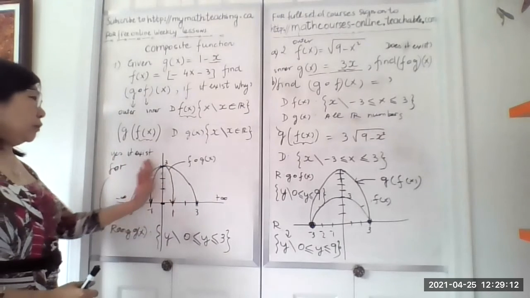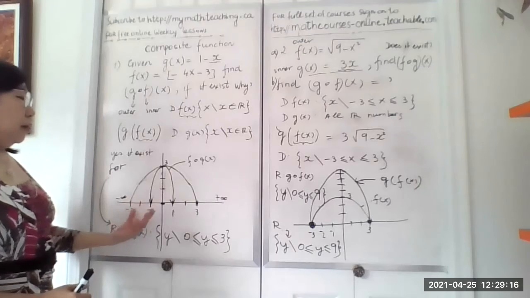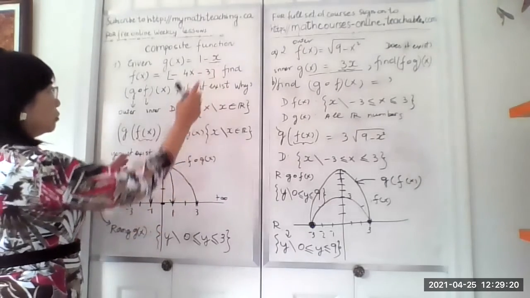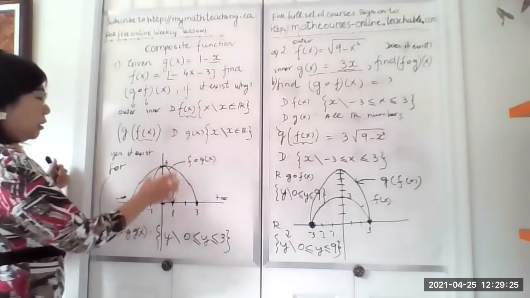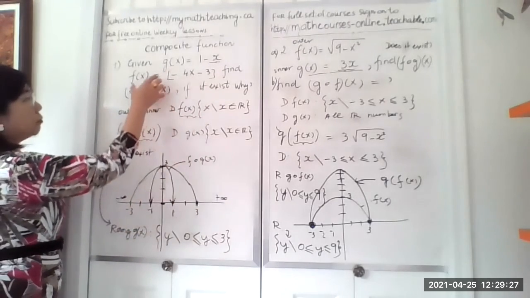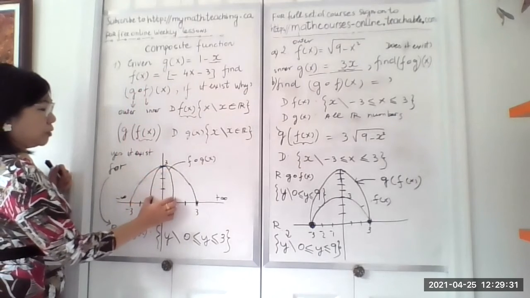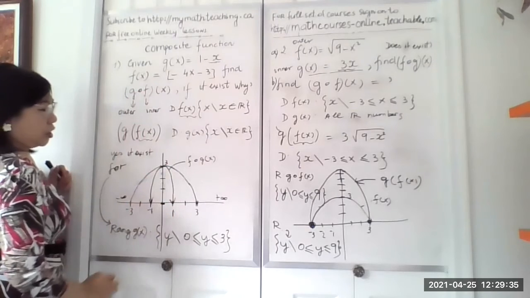And because the outer function has a larger domain, it turned out if we put the inner function into this outer function, the new composite function will be shrinking like this, smaller like this. And this is the shape of it.